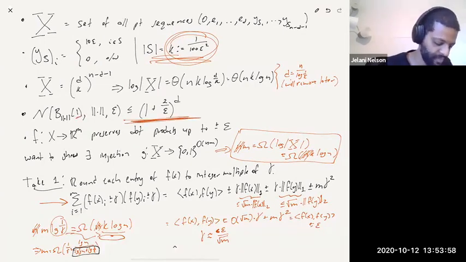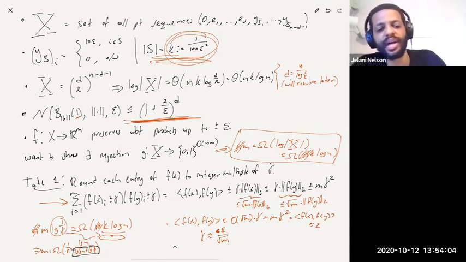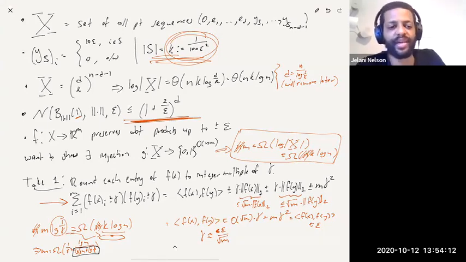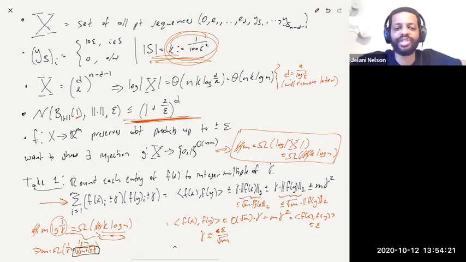This is radius 1. But covering the radius 1 ball with an epsilon net is the same as covering the radius R ball with an R times epsilon net, right? If you scale up the ball by R and you scale up the net closeness by R, it doesn't change the covering number. It doesn't change the entropy number at all. Does that make sense?